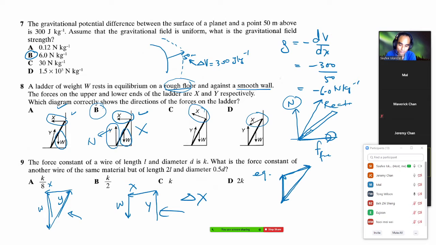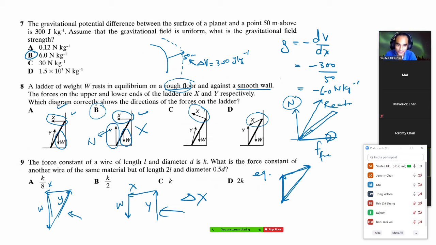But without the frictional force, it would be B, right? Without the frictional force, the ladder cannot stand. You cannot put a ladder there. There must be a rough surface.